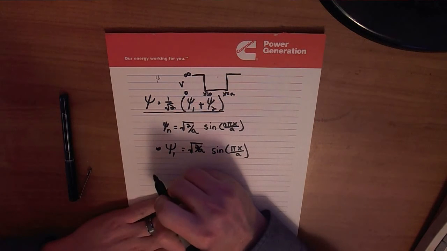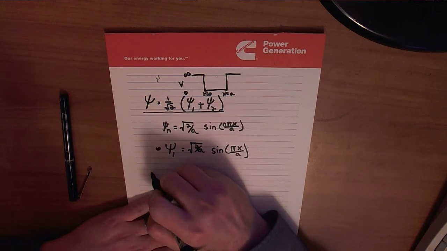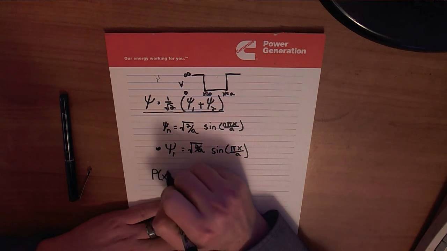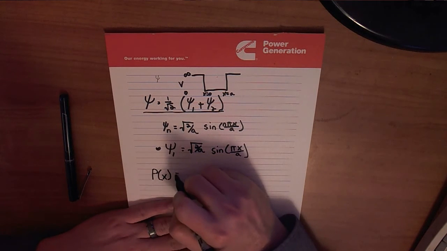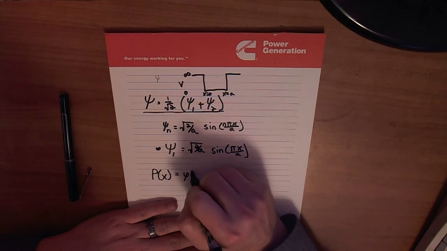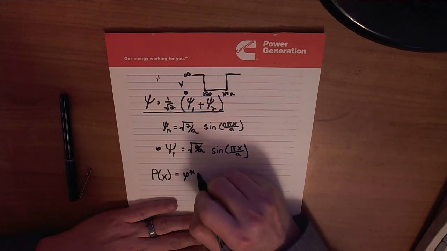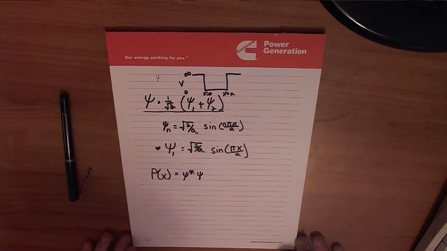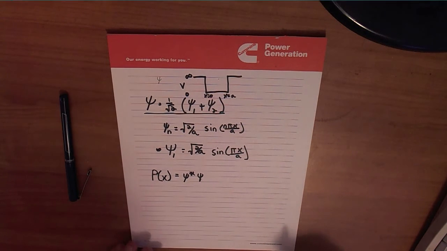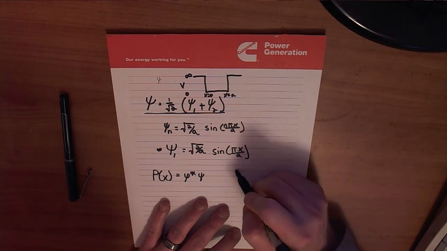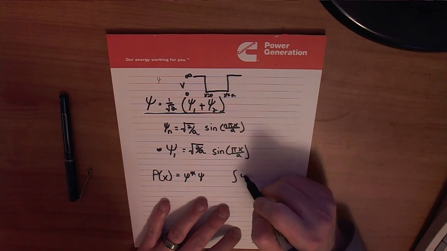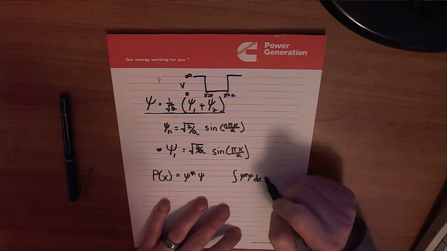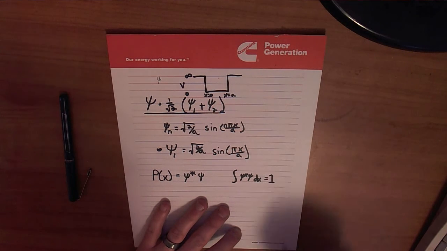Remember, the physical interpretation of the wave function, the probability distribution, is a function of x equal to psi star psi. Okay. So in order to be a valid probability distribution, the sum of all the probabilities, or the integral of psi star psi dx, has to be equal to 1. Okay.